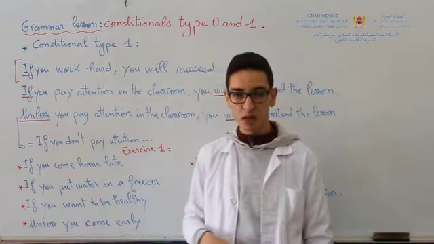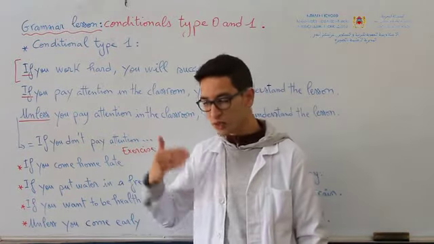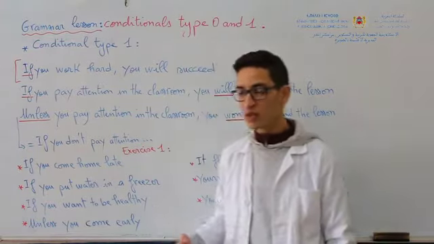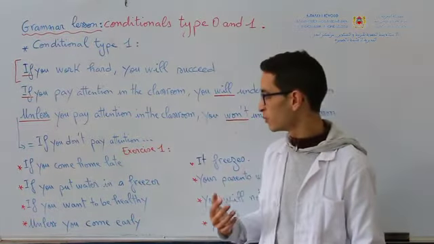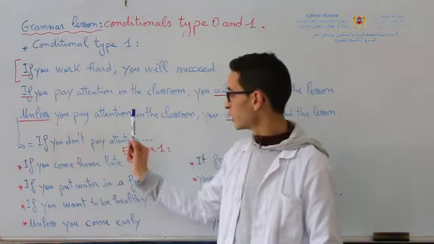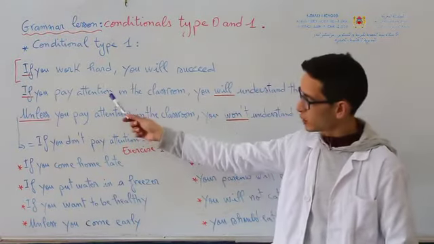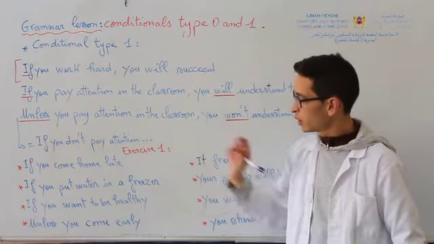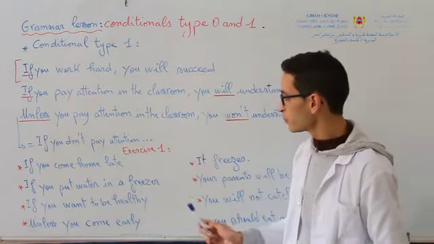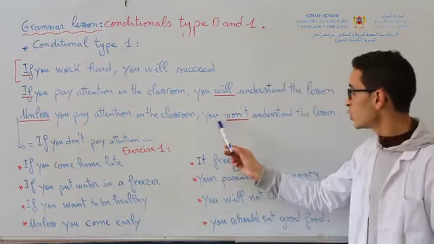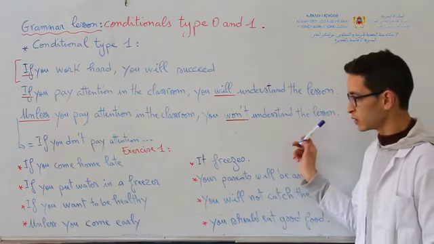So for example, if you don't do something, something else will happen, or something else will not happen. Example here: unless you pay attention in the classroom. As you can see here, it is the same example used just differently. Unless you pay attention in the classroom, you won't understand the lesson.